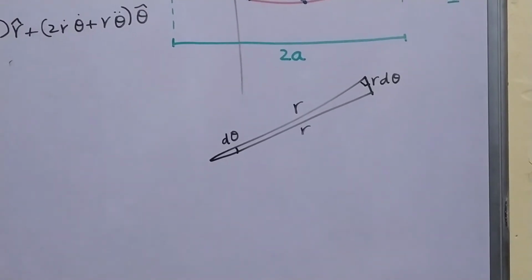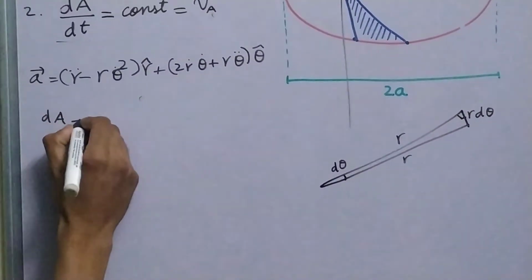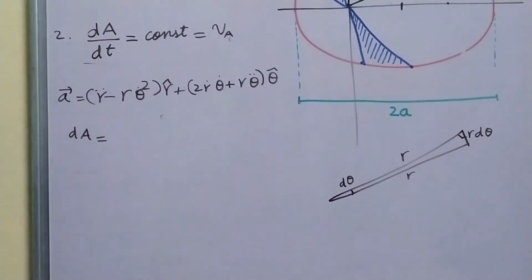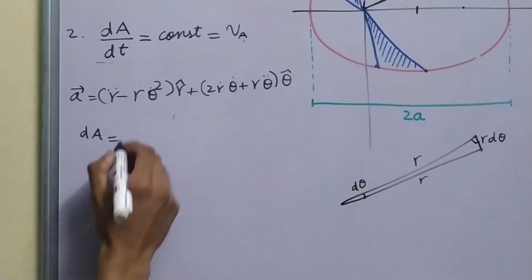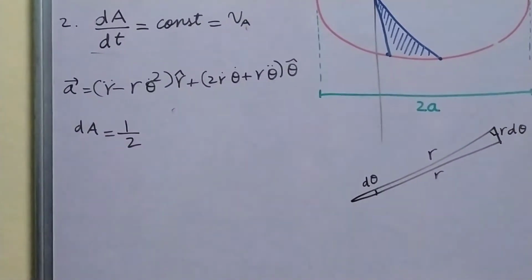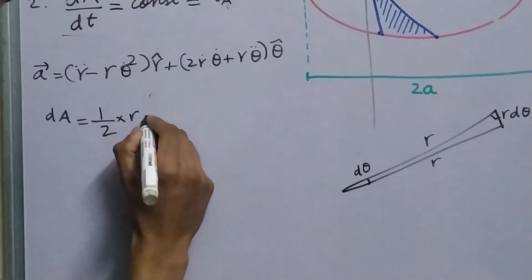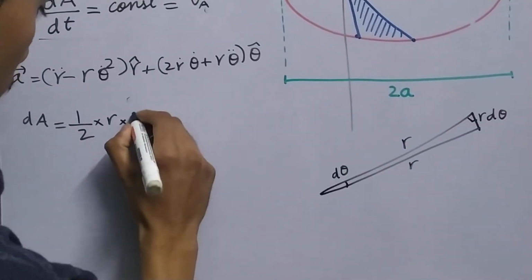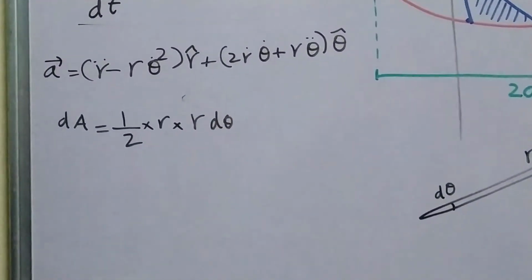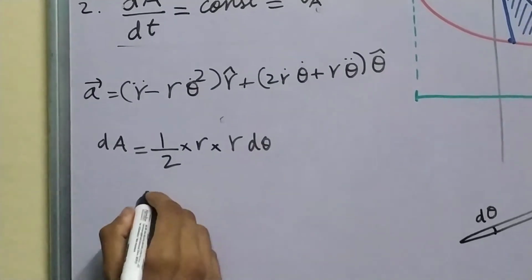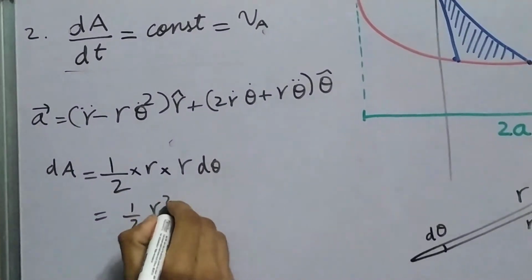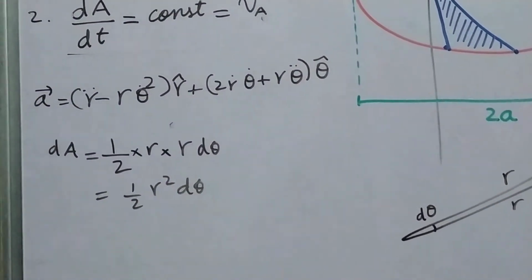So your dA, a very small area or differential element of your area, is half times base times height. Height is r, base is r d theta, so it's 1 by 2 r square d theta.